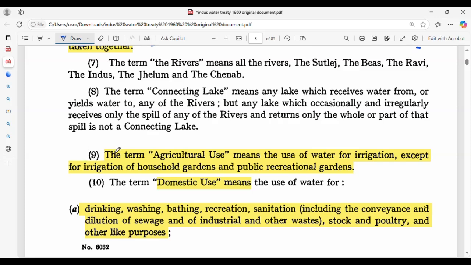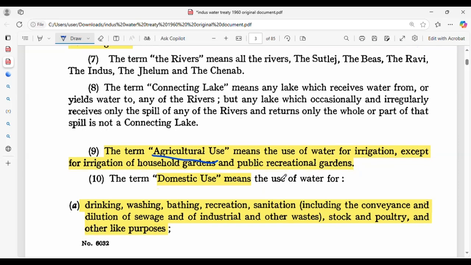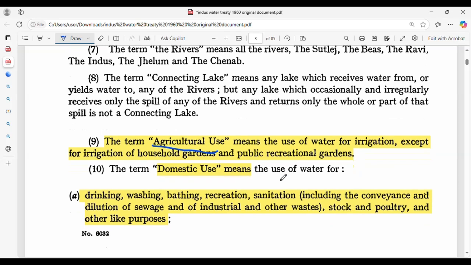The term agricultural use, which is described below in the whole treaty, means the use of water for irrigation except for irrigation of household gardens and public recreational gardens.